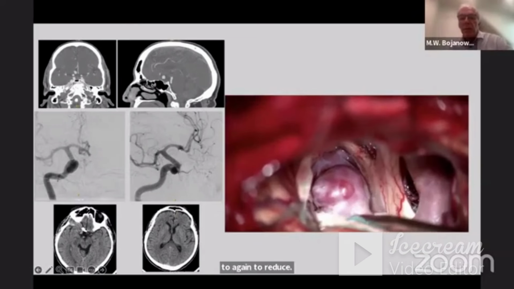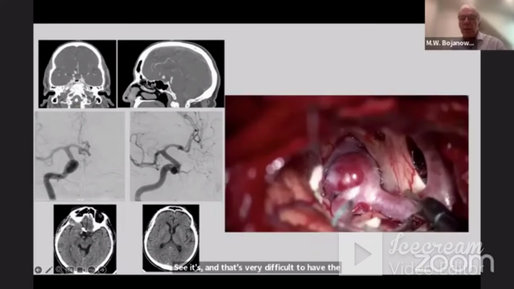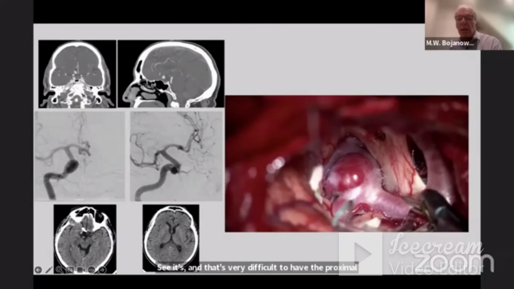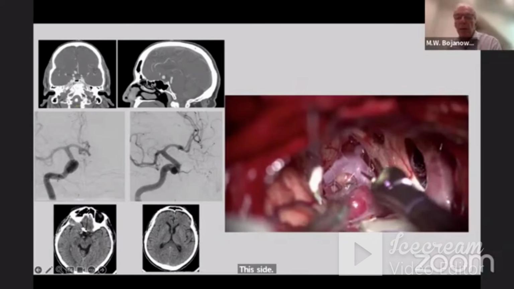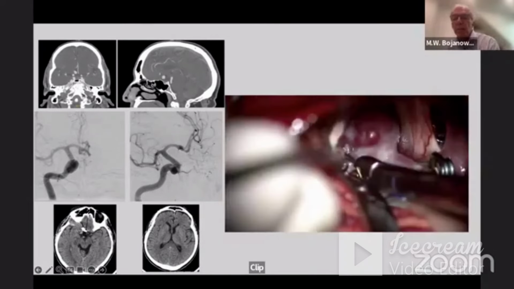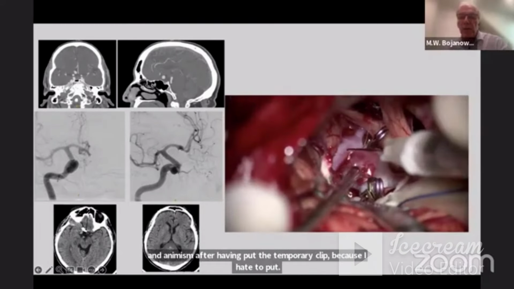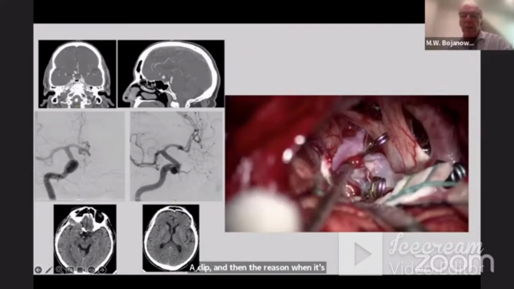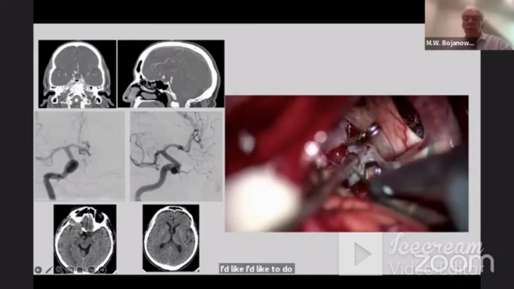So see, it's not very difficult to have the proximal control on the opposite side. On this side, I almost always clip an aneurysm after having put a temporary clip, because I hate to put a clip on an aneurysm when it's under tension. So I like to decompress the aneurysm and then to clip.